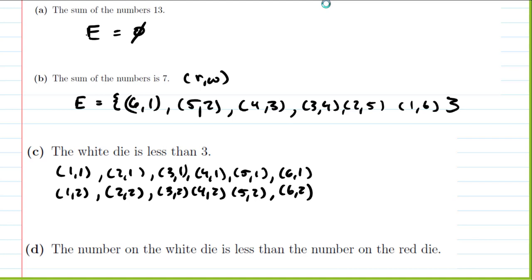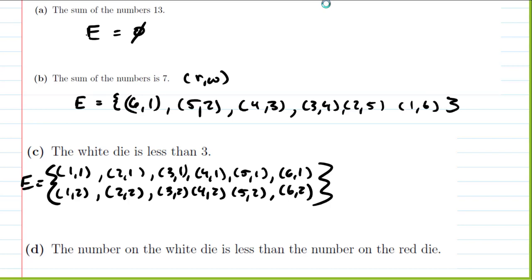We can't add any more because if we move to 3, 3 is not less than 3 for the second coordinate. So this would be our set for this.